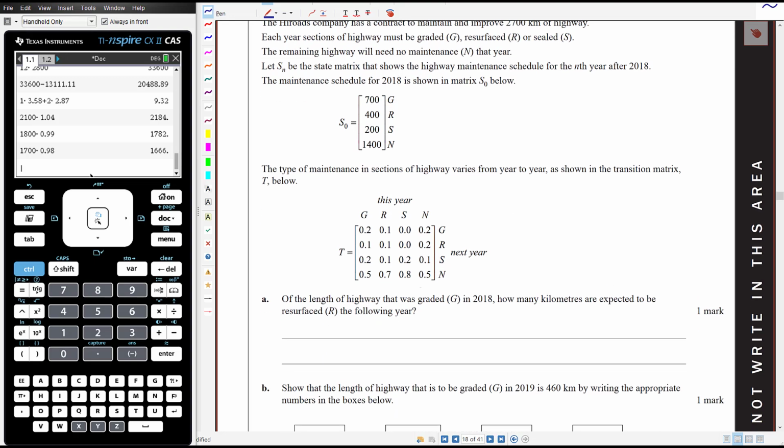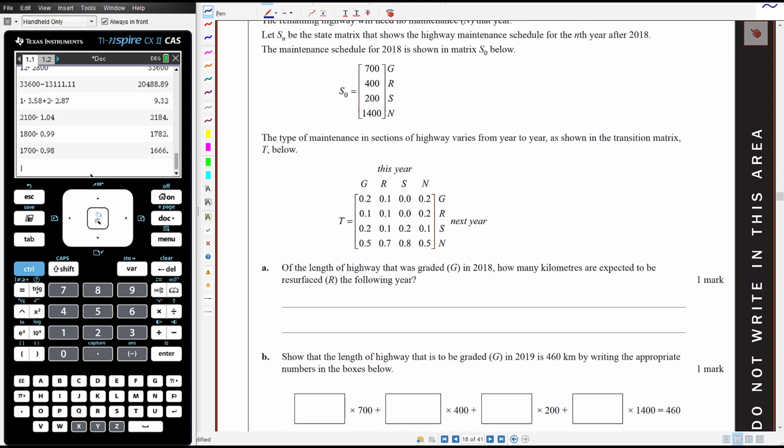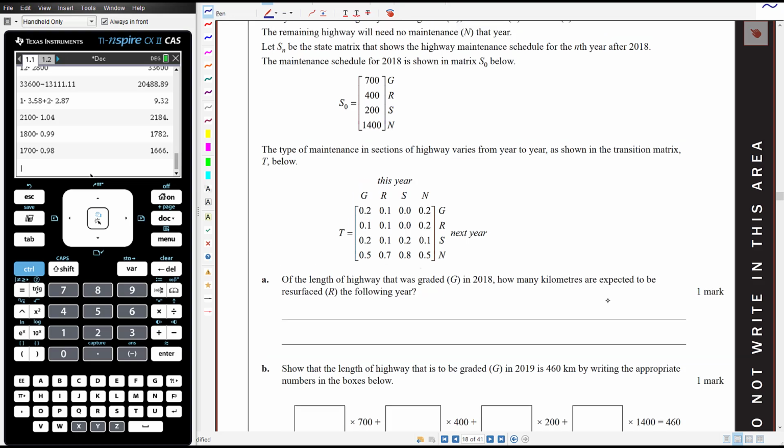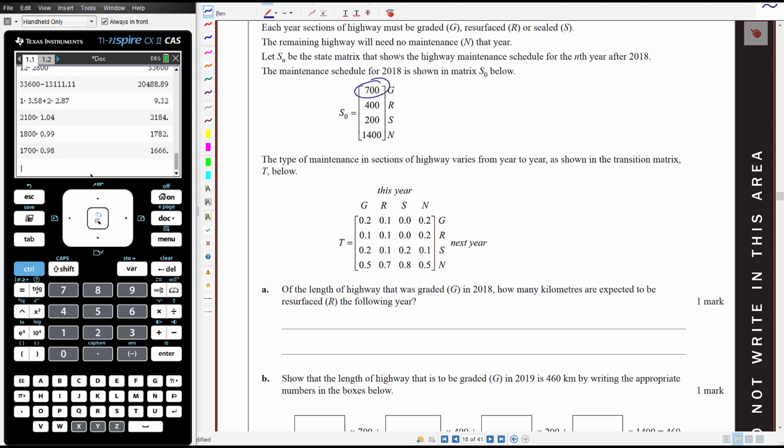Of the length of highway that was graded in 2018, so that was 700 kilometres, how many kilometres are expected to be resurfaced the following year? It's not a percentage, it's just out of these 700, how many kilometres. So we want to know how many go from being graded one year to resurfaced the next year.